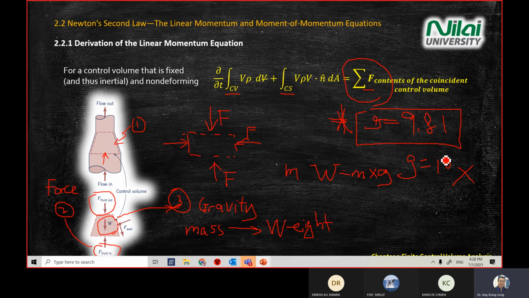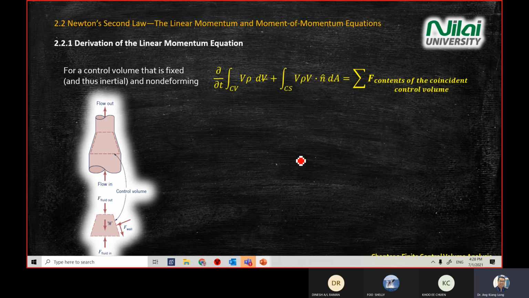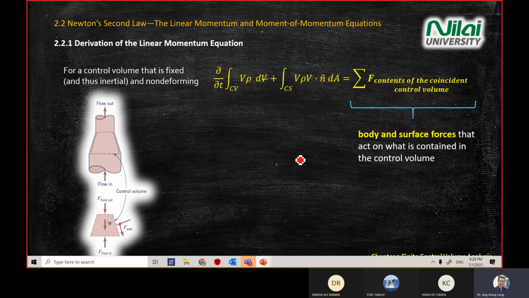Just to let you know, sometimes the tutorial will use g equal to 10. However, for your test or final exam, or even when you go to work later on, please use 9.81 in your calculation. All right. So far we're still at the surface of how to use this equation.